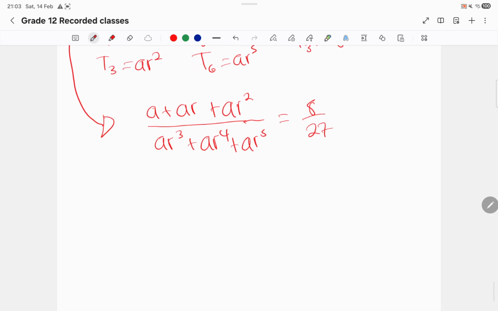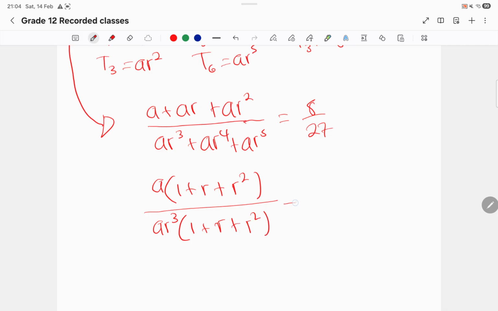What do you do next? You are going to take out the common factor on the numerator and the denominator. So what's the common factor on the numerator? It's going to be A into 1 plus R plus R squared, right? Over, we take a common factor of AR cube. You have 1 plus R plus R squared, right? That should give you 8/27.